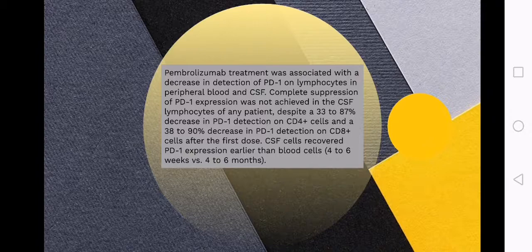Complete suppression of PD-1 expression was not achieved in the CSF lymphocytes of any patient, despite a 33 to 47% decrease in PD-1 detection on CD4 positive cells and a 38 to 90% decrease in PD-1 detection on CD8 positive cells after the first dose. CSF cells recovered PD-1 expression earlier than blood cells, 4 to 6 weeks versus 4 to 6 months.